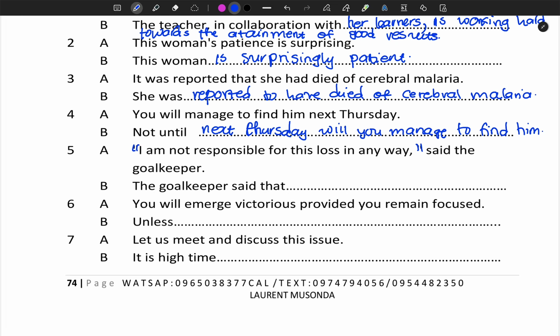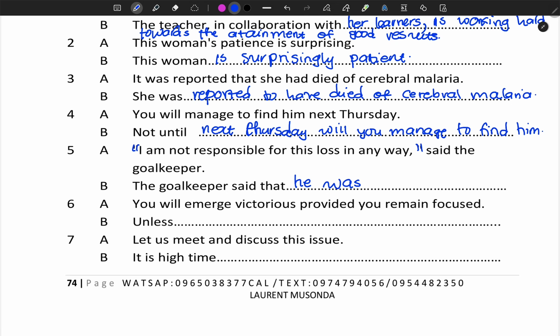We need to change I to he, and am changes to was.